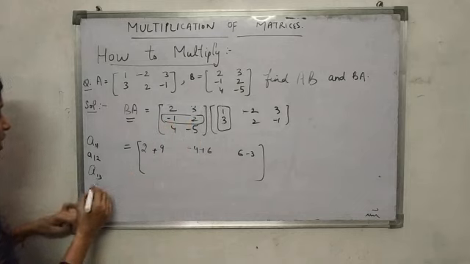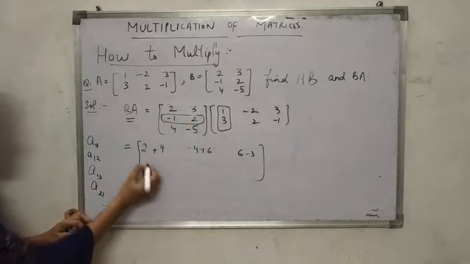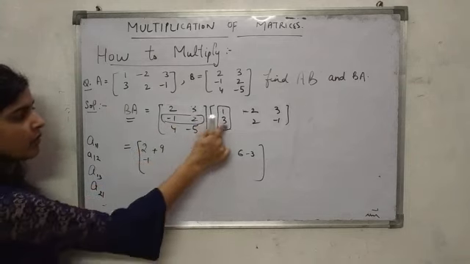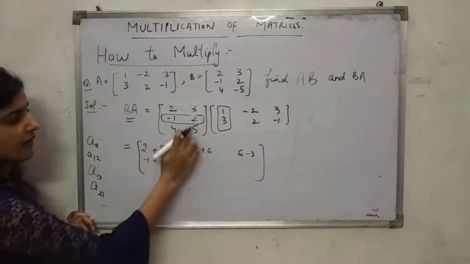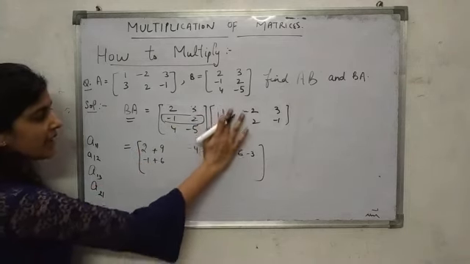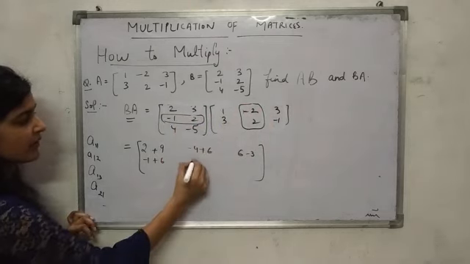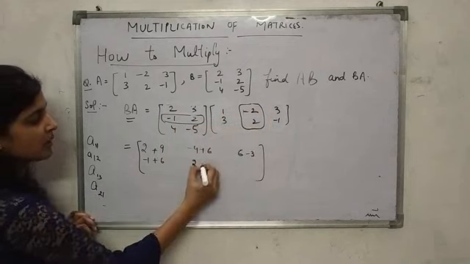Second row, first column means A21, so it will be written here. Minus 1 into 1, minus 1, 2 into 3, 6. Now second row and second column. First entry will be multiplied with first entry, second entry will be multiplied with second entry.